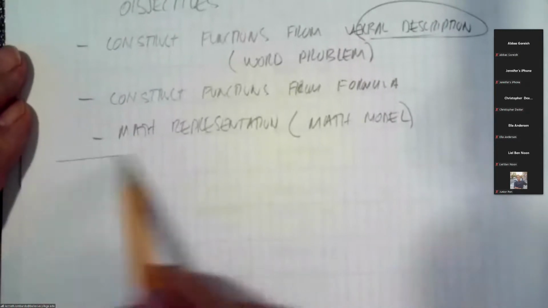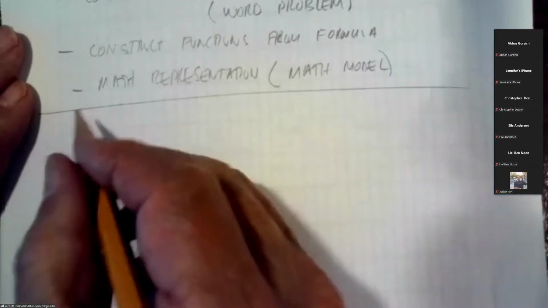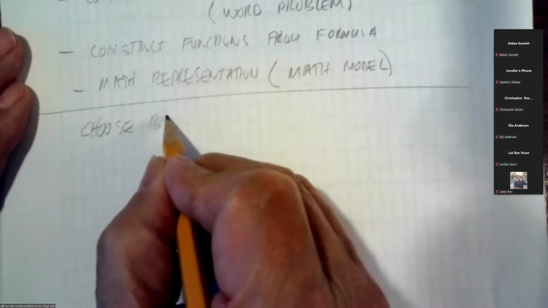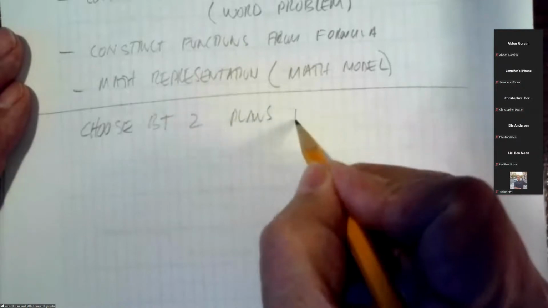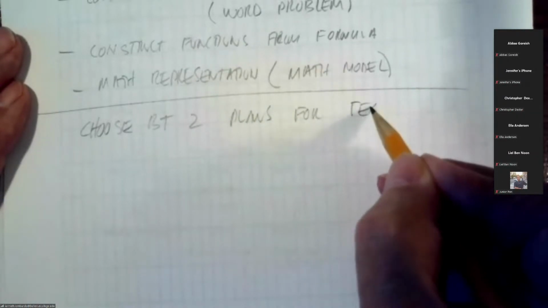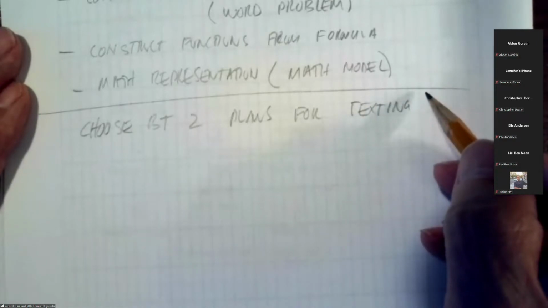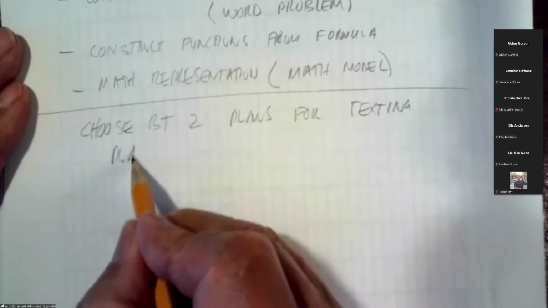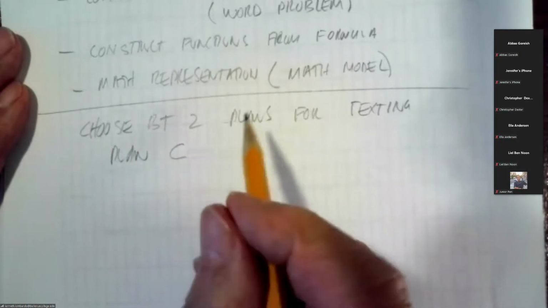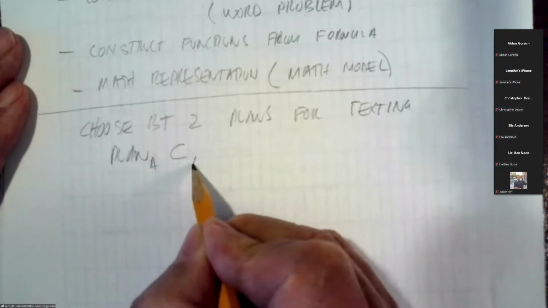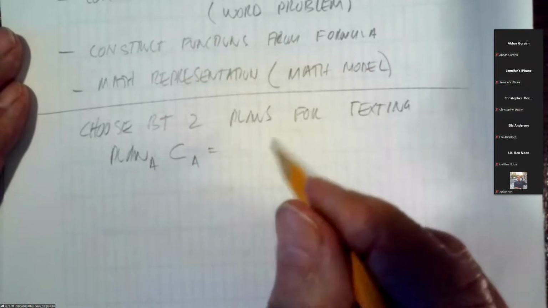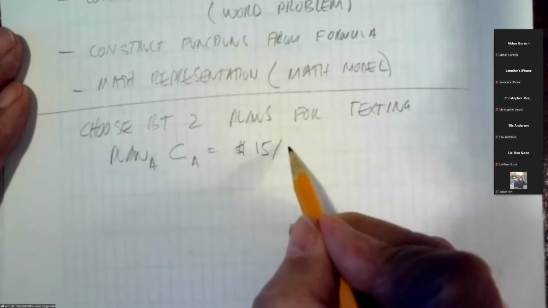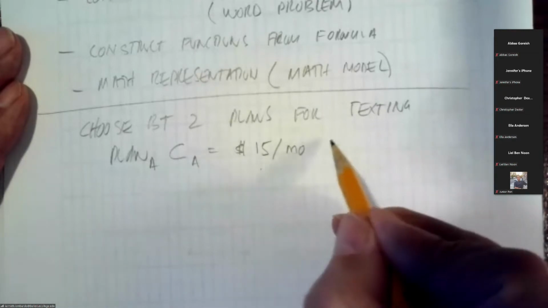If you're asked to choose between two plans, let's say for texting, you might have the first plan, which has a cost, I'll say C for plan A. The cost for plan A might be some monthly amount, maybe $15 or $20 or $33, whatever the monthly fee is.